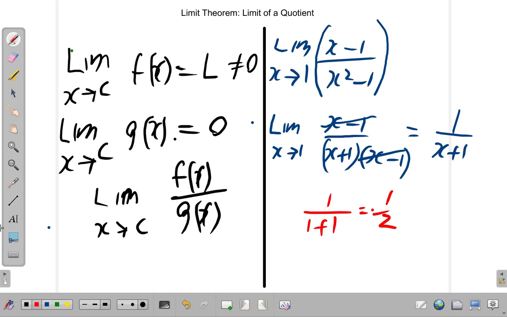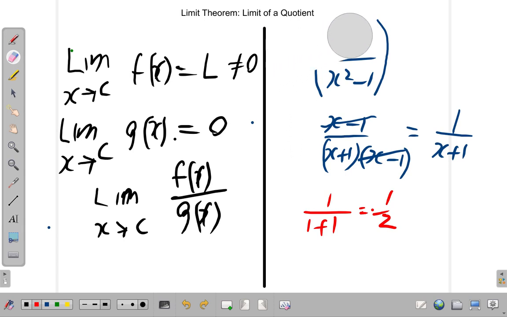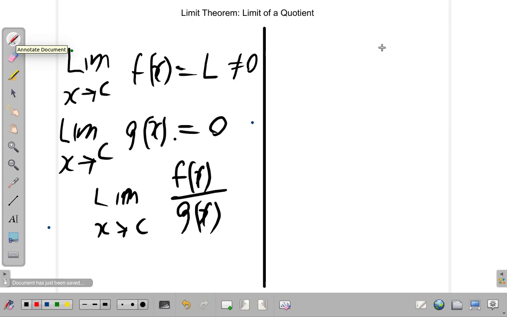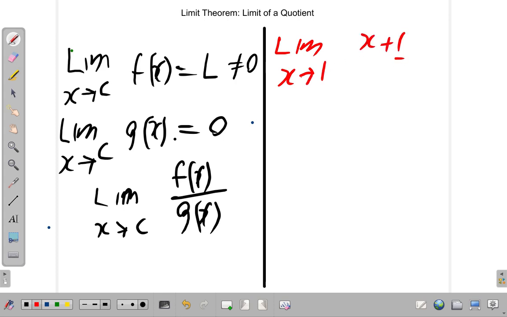Let's look at one more example. Okay, good. We want to find the limit as x tends to 1 of x plus 1 divided by x squared minus 1.